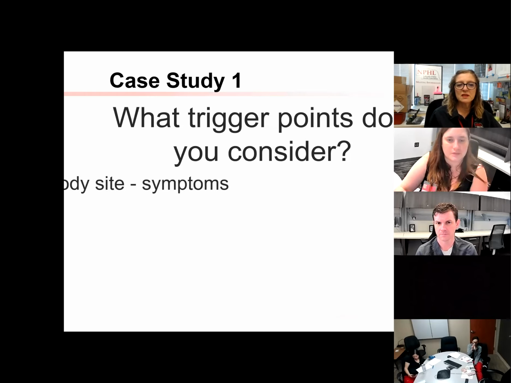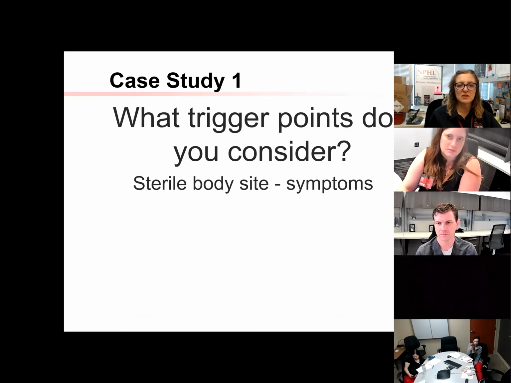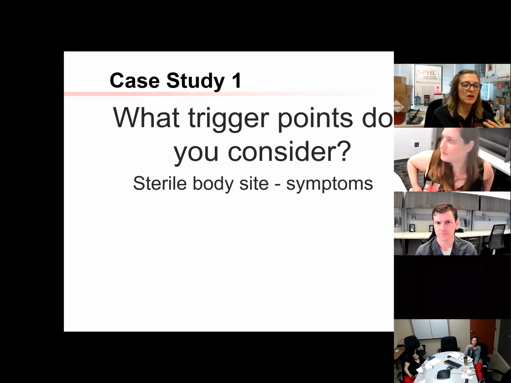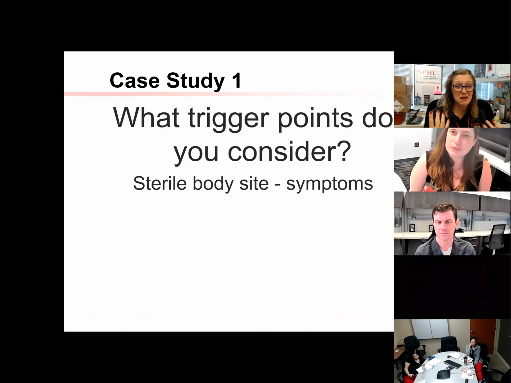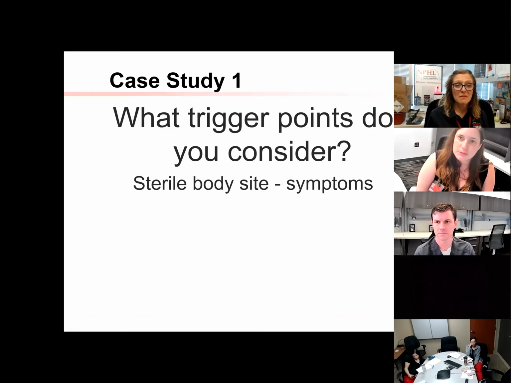What would you consider? Well, number one, it's a sterile body site. You have blood culture, which we have here. But if you had spinal fluid, it'd be the same story, possibly. The early trigger points here: you have rapid growth.